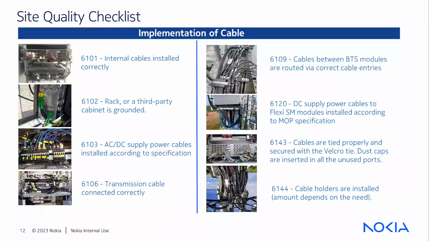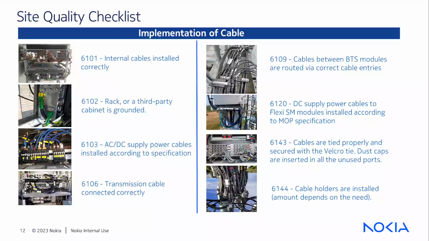Last but not the least, a few examples of checkpoints for cabling implementation. Internal cables installed correctly. Rack or a third-party cabinet is grounded. AC-DC supply power cables installed according to specifications. Transmission cable is connected correctly. Cables between BTS modules are routed via correct cable entries.